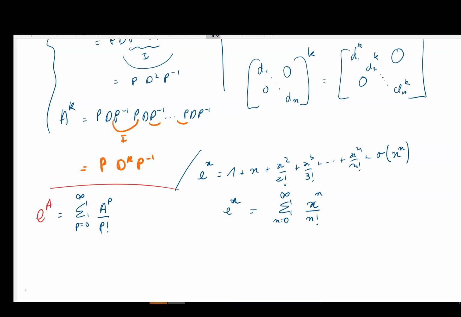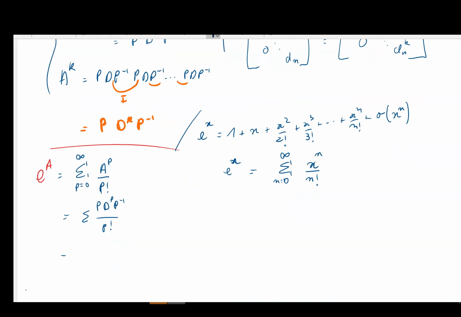And we know that the A power p are all going to be P D power p P minus 1, divided by p factorial. And by linearity, I can really write this as P times the sum of D power p divided by p factorial, times P minus 1. I've got too many p's, but anyway, that's a small one, that's a big one, right?